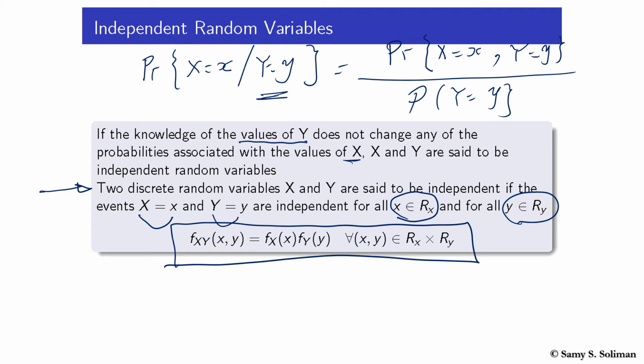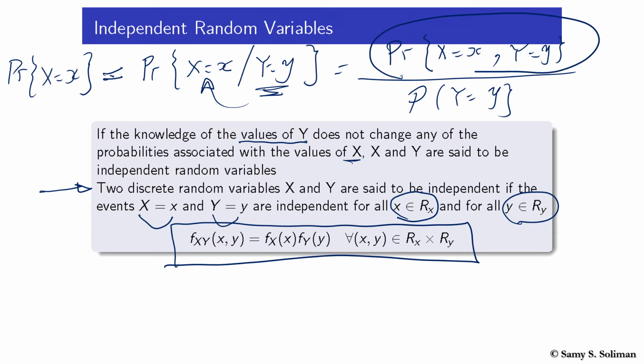Again, if they are independent, that means that knowing y does not affect or change the probability of x. So in case they are independent, that should be equal to the probability that X equals small x. So simply, the joint PMF equals the multiplication of the marginal PMFs if they are independent.